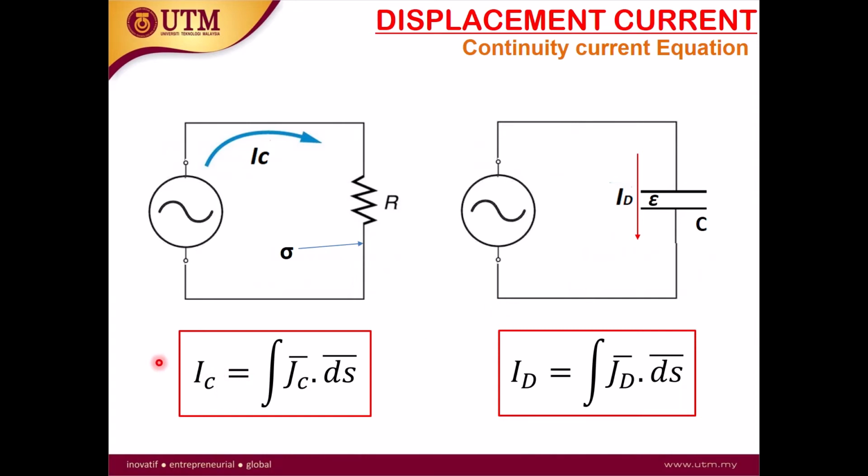By using this formula: the conduction current equals the integration of the conduction current density that passes through the cross-section area of the conductor. The displacement current equals the integration of the displacement current density that passes through the surface area of the capacitor.